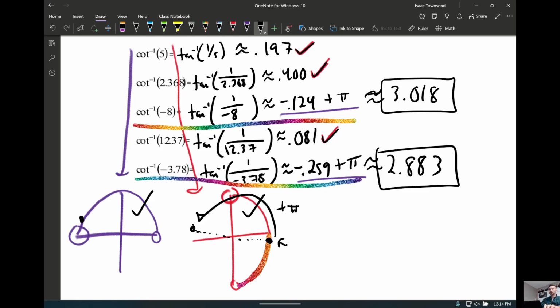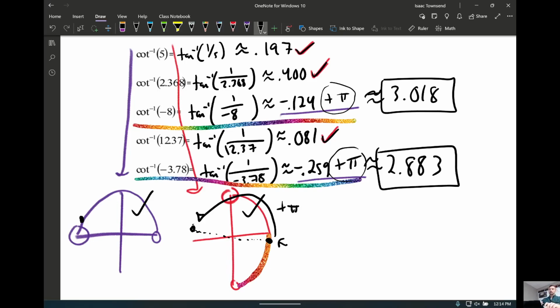When you do inverse cotangent of something negative, the way we type it in the calculator, we need to swing it from quadrant 4 into quadrant 2. And the way you do that is you add pi to your answer. The calculator's not doing it wrong, it's just working with what you gave it. It thought you wanted an answer in quadrant 4, but on these two we wanted an answer in quadrant 2.